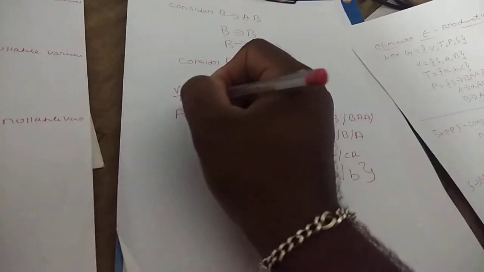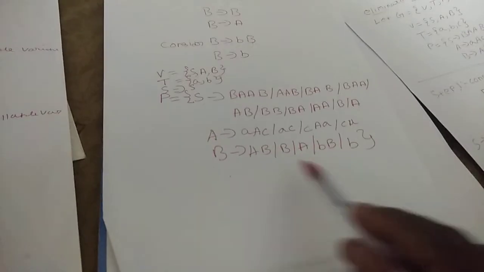Okay, this is called: V is nothing but the non-terminals, that is S, A and B. T is the terminals, nothing but a and b. Which is the starting symbol? S is the only starting symbol. Yes. The productions are these. S tends to this set of productions. A tends to this set of productions. B tends to this set of productions.